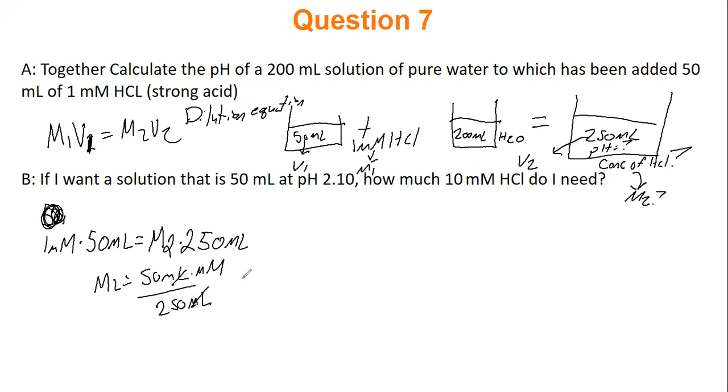Milliliters cancel out. My molarity of acid in my second solution is 0.20 millimolar.